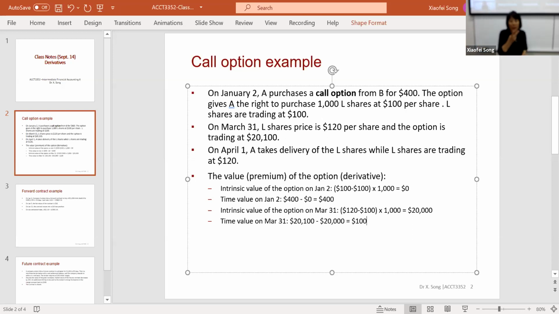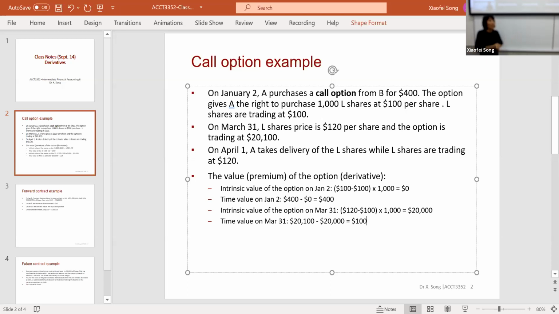Okay, so there were two things. If you look at this throughout, company A never, until April 1st, owns L shares. Company A did not purchase L shares, does not have L shares on its balance sheet. All it had is the option.